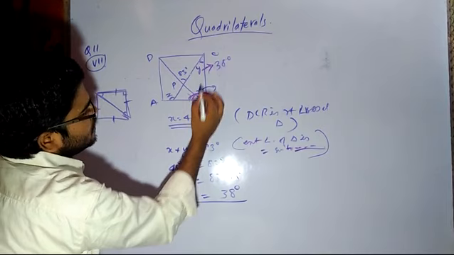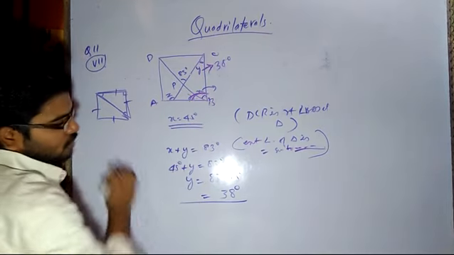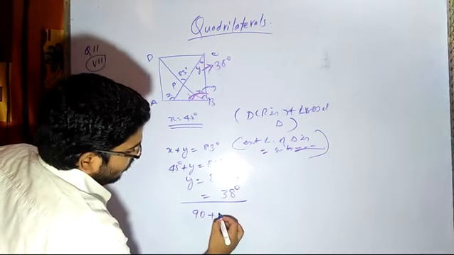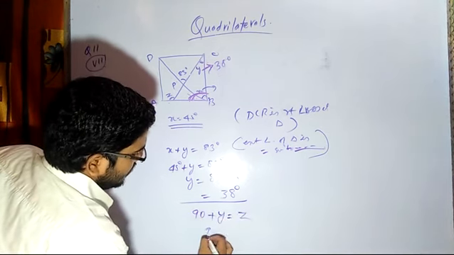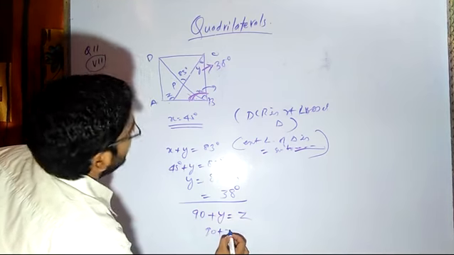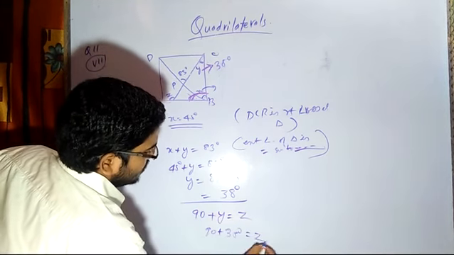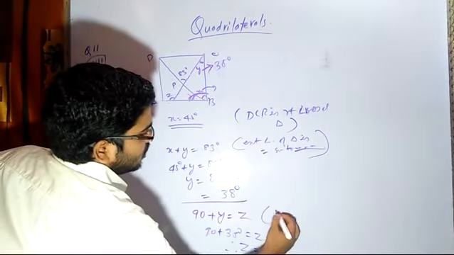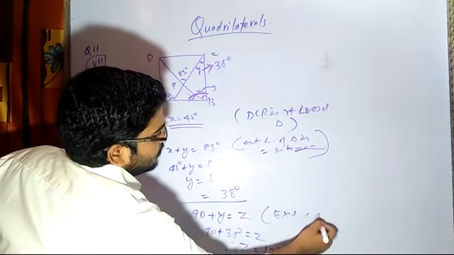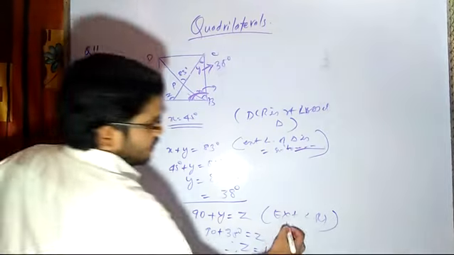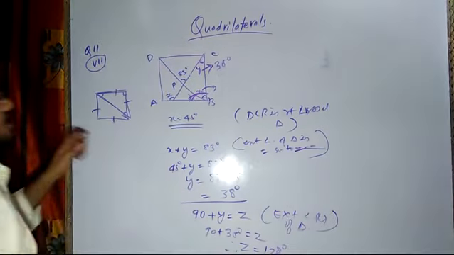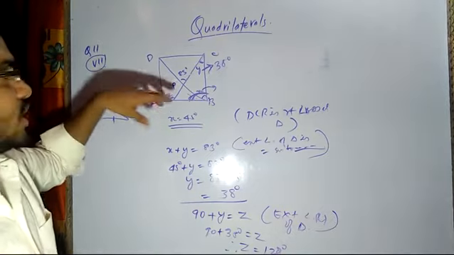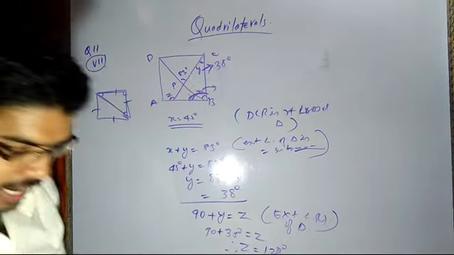So 90 plus y, which is 38, is equal to z. Therefore, z will be equal to 128 degree. Here also we used the exterior angle property of a triangle. In the same way, you can solve the other problems; you just have to apply your logic.